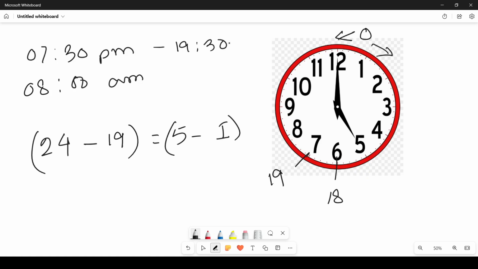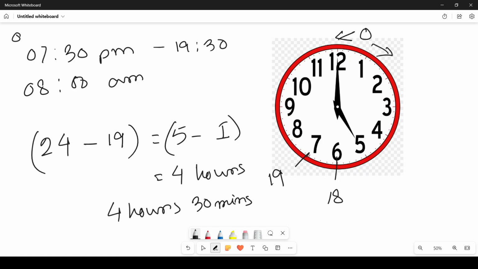Why? Because he didn't start his work at 19 o'clock. So there go 4 hours for that day, and then these 30 minutes. So the work will be 4 hours and 30 minutes for the day he started his work.